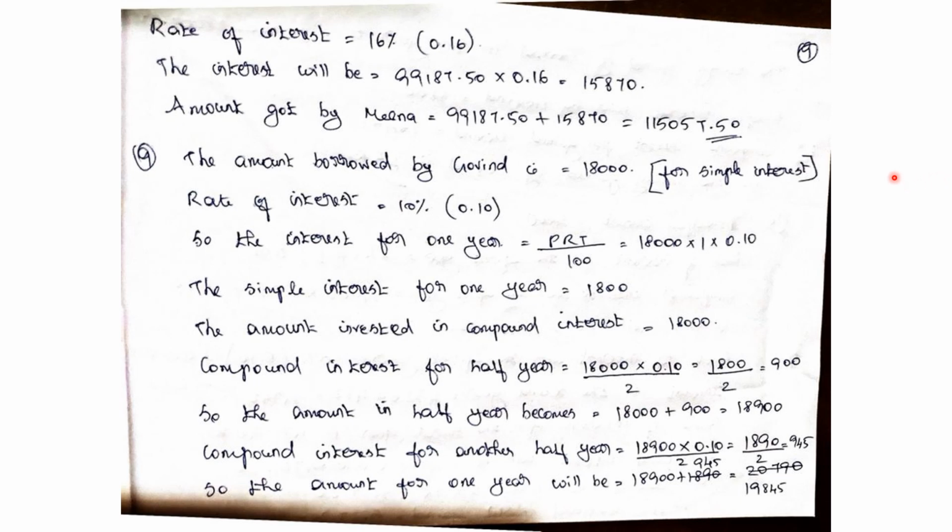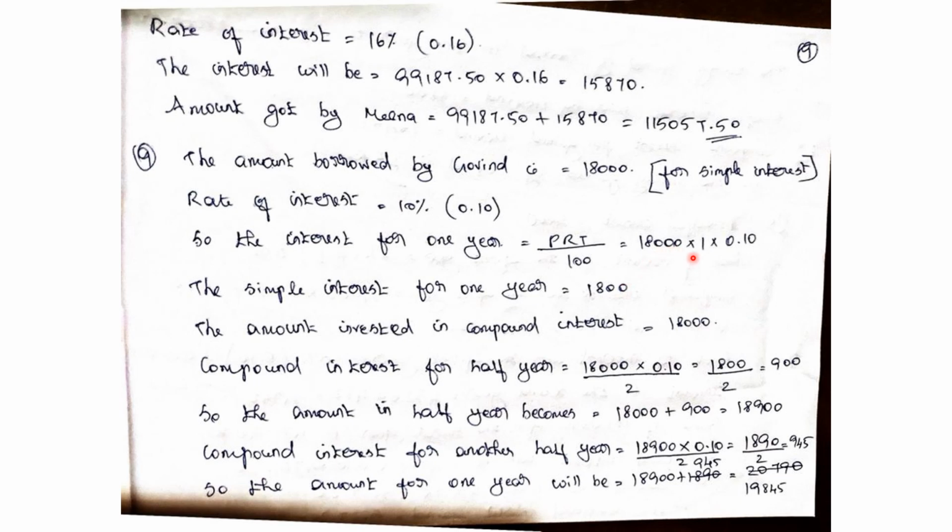Okay, next sum. Ninth sum. Govind borrows 18,000 at 10% simple interest. He immediately invests the money borrowed at 10% compound interest compounded half yearly. How much money does Govind gain in 1 year?